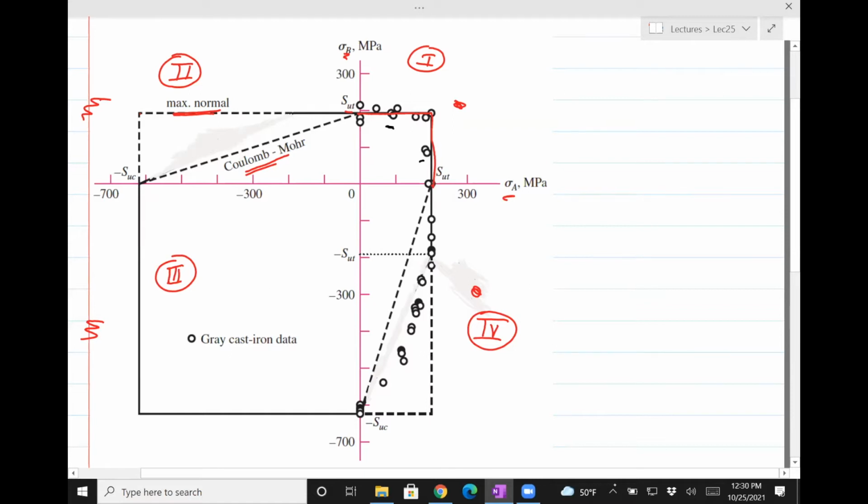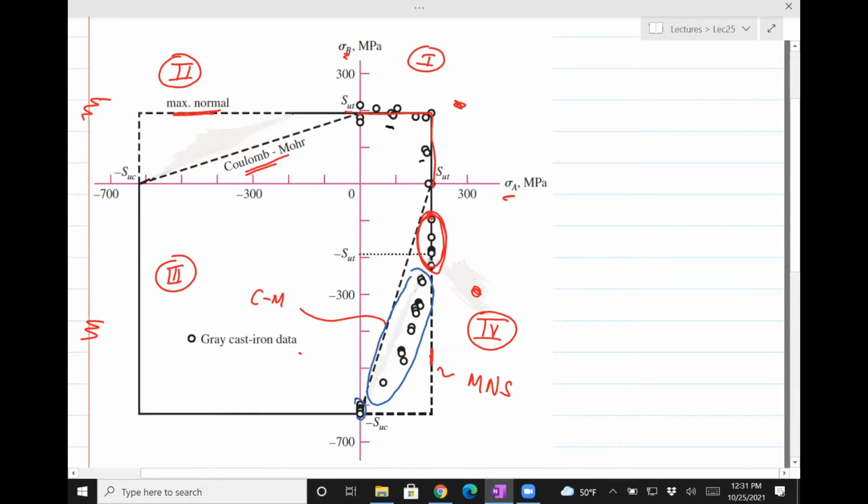Okay, so the fourth quadrant is where there's a problem. We have the maximum normal stress theory, MNS, and then we have the Coulomb-Mohr theory, which is shown by the dashed line. We see that the experimental points lie on the maximum normal stress theory for a bit, and then they sort of veer off.